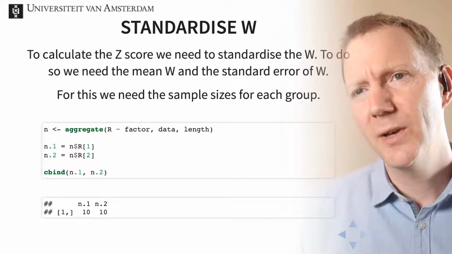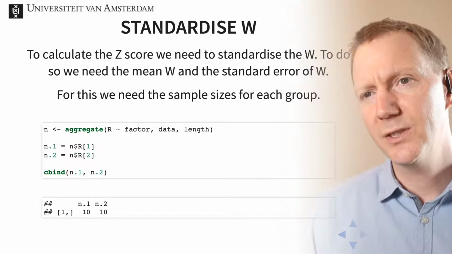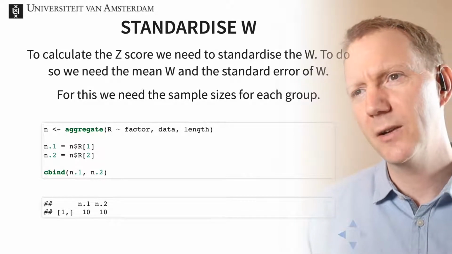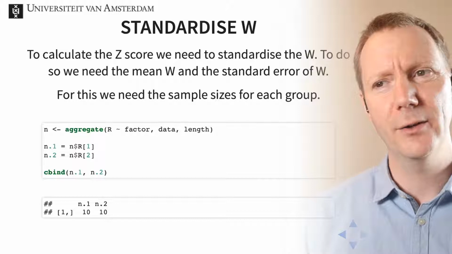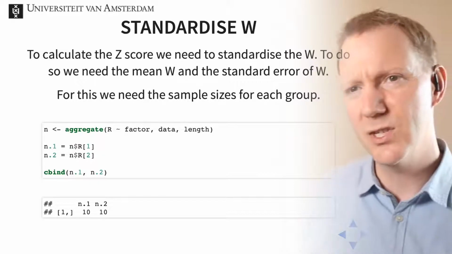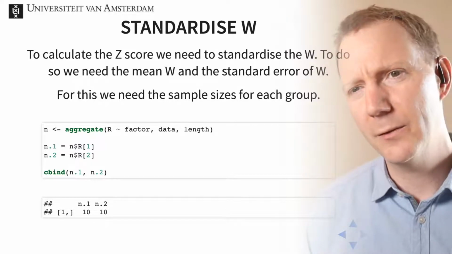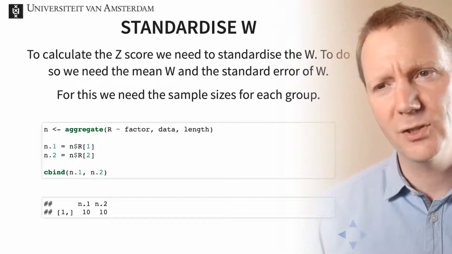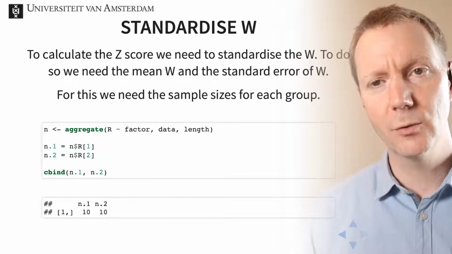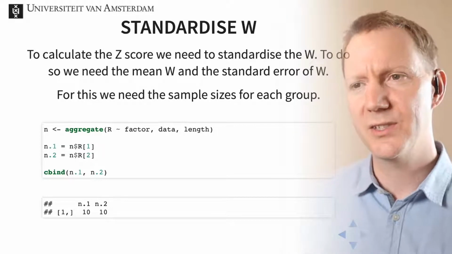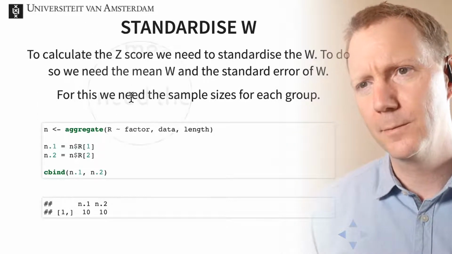To calculate the z-score, we need to standardize this W value, and to do so we need the mean of this W, and we also need the standard error of this W. Just like you would standardize every value, you need the mean and the standard deviation. For both, we need the sample size for each group, and that we have to calculate. So we're applying the length function here to get the sample sizes for both group 1 and group 2, the group that gets alcohol and the group that gets ecstasy. And that is the standardization step that we need to do here.